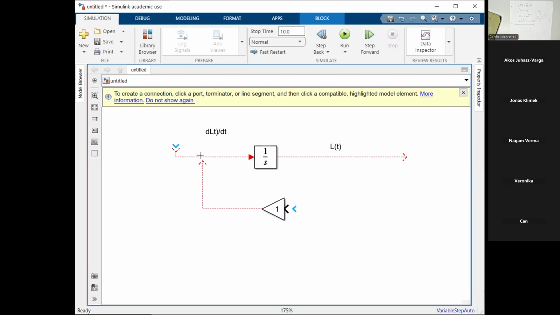I can now, excuse me, connect this block here with this block here. In this case, I have what I have here. Thus here, I have the derivative of L of t with respect to t equals 1 multiply L of t. I don't know if this language could be understandable.